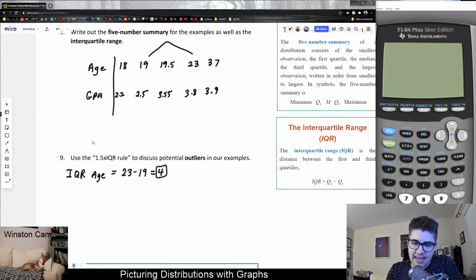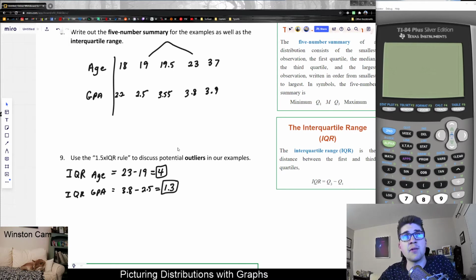Let's also look at the interquartile range for the GPA as well. The third quartile GPA was 3.8, first was 2.5. So the IQR for the GPA would be 3.8 minus 2.5, 1.3. And, well, it's technically a smaller number than our age.